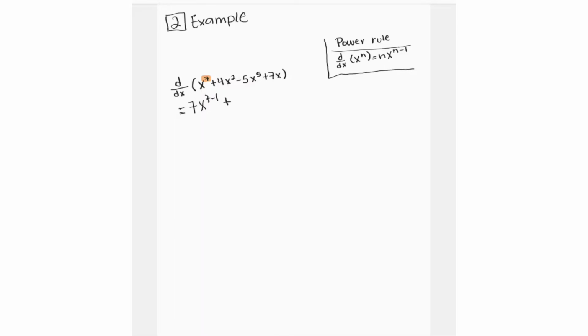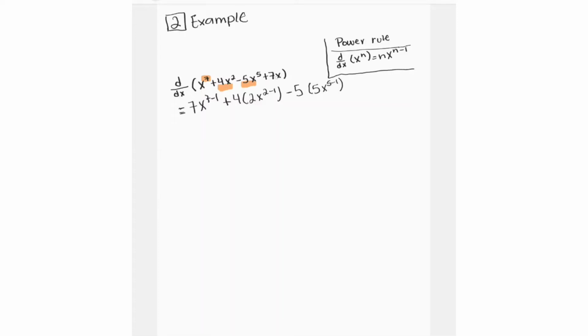Now let's do the second one: 4 times 2x raised to 2 minus 1. Now let's do the third one: minus 5 times 5x raised to 5 minus 1.